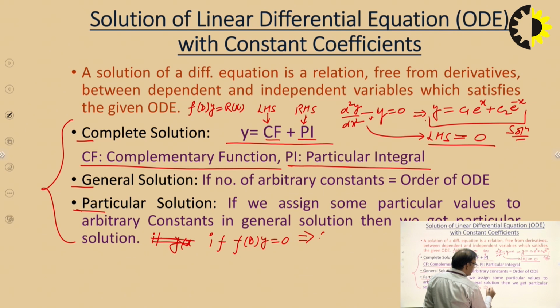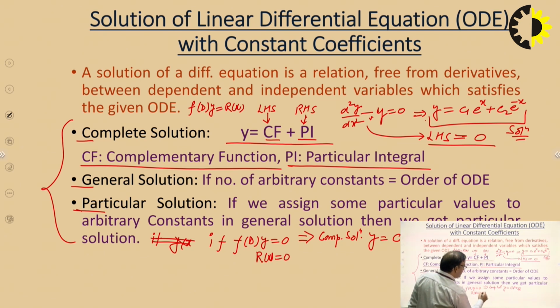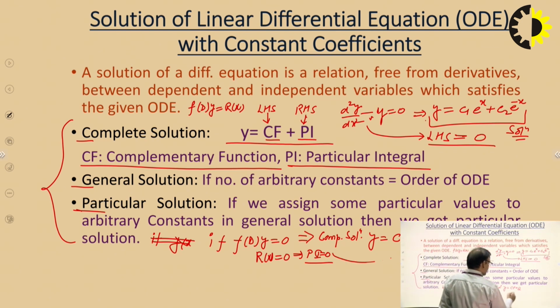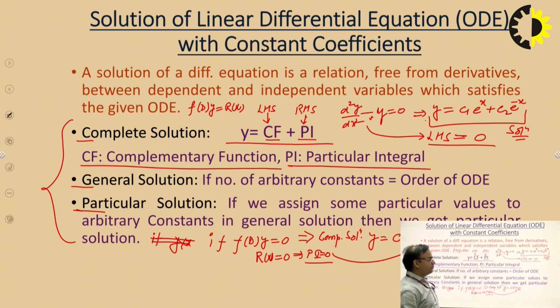Then the complete solution is given by y is equal to CF plus 0. And why is this 0 here? Because R(x) is 0 here, so the PI will be 0. This is why we write y is equal to CF plus PI.